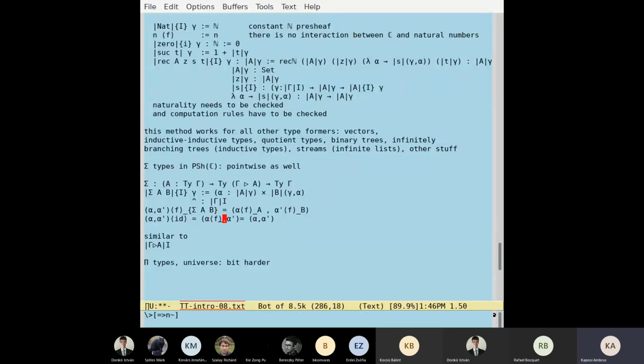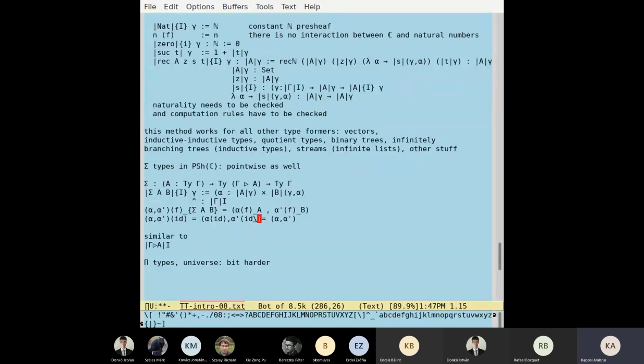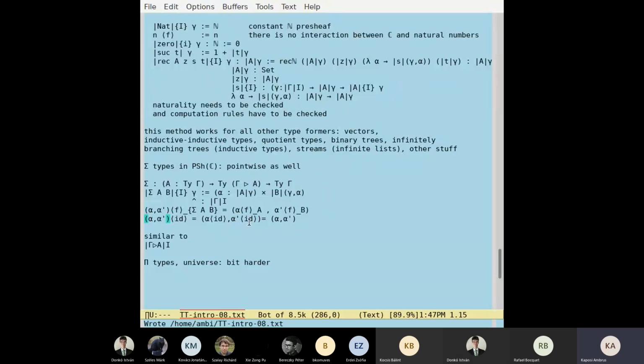So I restrict at A by ID, and I restrict at B by ID, and because for A I have that this is equal to alpha, and for B I have that this is equal to alpha prime, then it's component-wise equal, so the whole thing is equal. And this is how I can prove it.